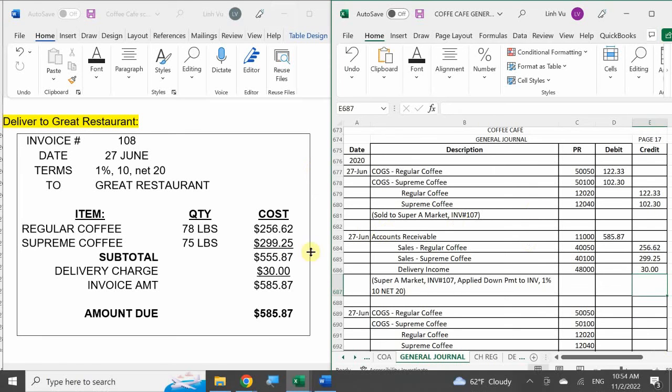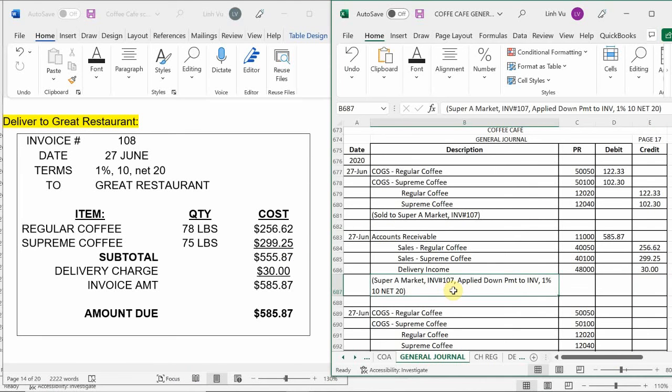Let's adjust this section down here, right? Because we sold to Great Restaurant. Invoice number 108. What are his terms? 1%, 10, net 20.